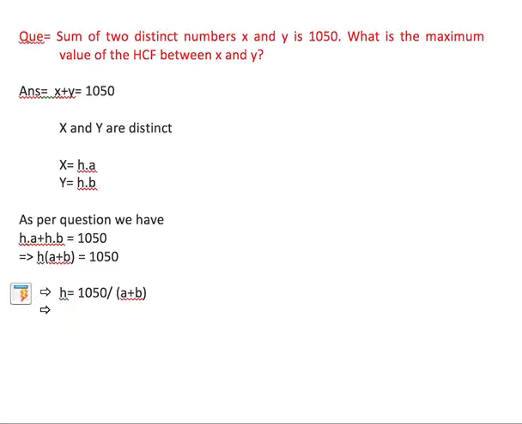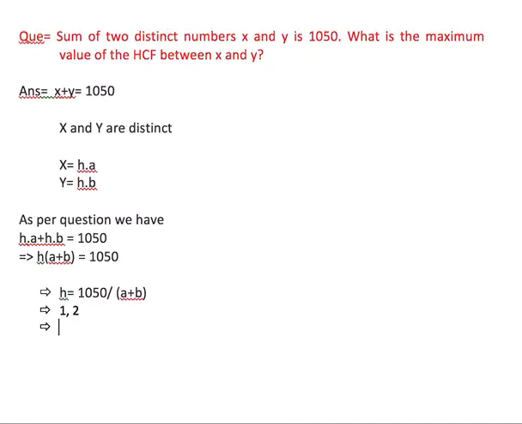They cannot be negative, they cannot be zero, otherwise the question will not have any meaning, and they cannot be fractions. So what could be a and b? Definitely the lowest numbers: a or b should be 1 or 2.